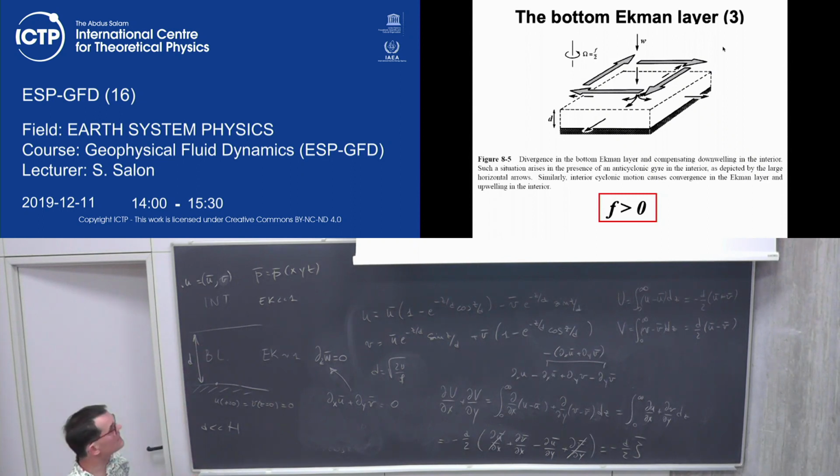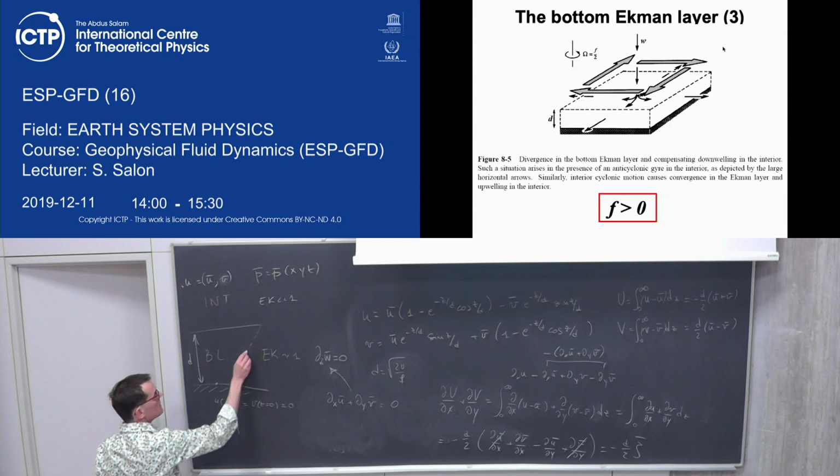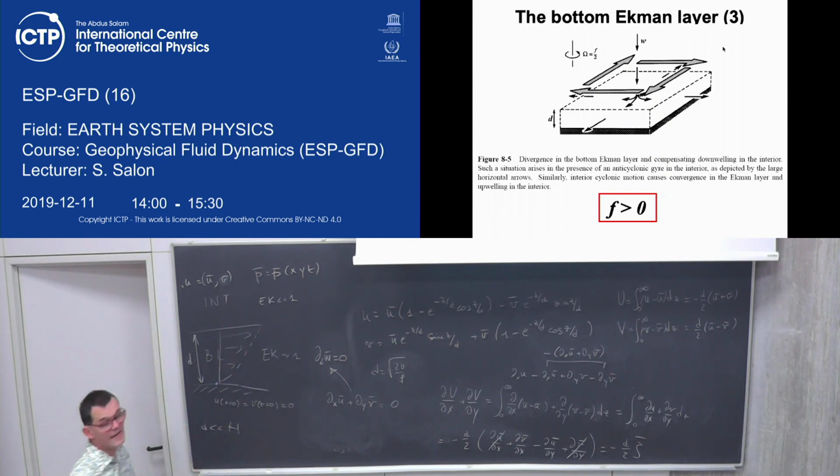So the boundary layer creates, like the velocity u and v, also the vertical velocity is going to decrease in a very short layer with respect to the interior one. So we can actually calculate this, but it is exactly this one.